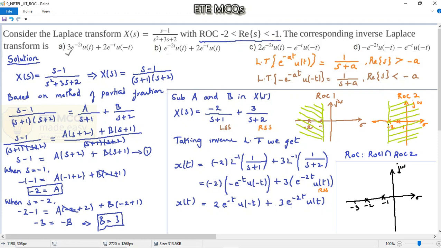If you notice, the intersection between these two is nothing but the region between minus 1 and minus 2. This is the common ROC. You just notice this part is your common ROC between minus 2 and minus 1. It is a patch between minus 1 and minus 2.